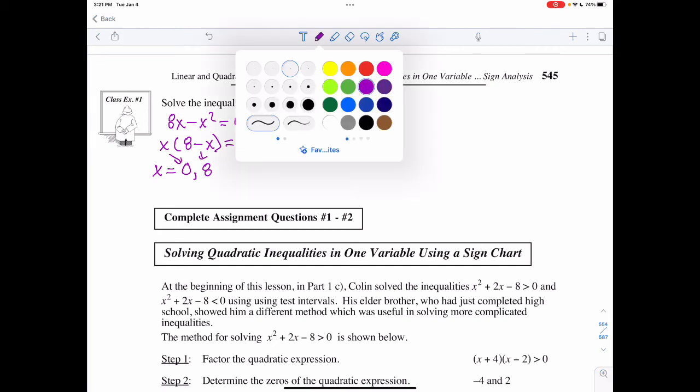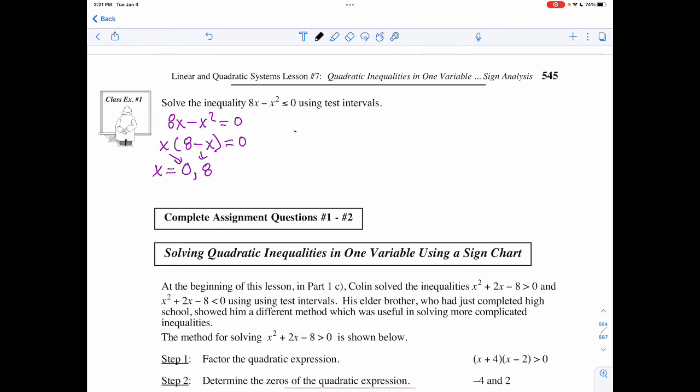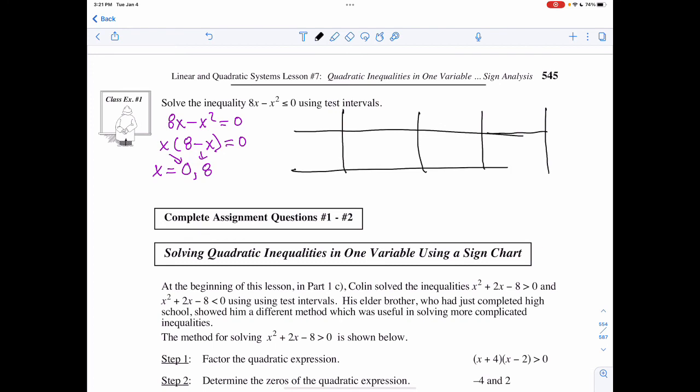Then I'm going to make a chart like what we had before. I'm going to say my interval up at the top, and I'm going to say the sign of 8x minus x squared.